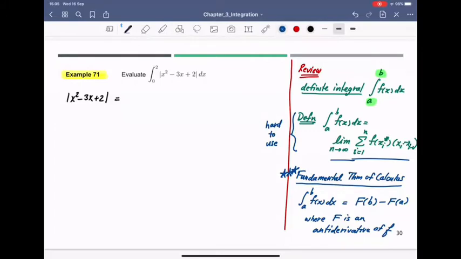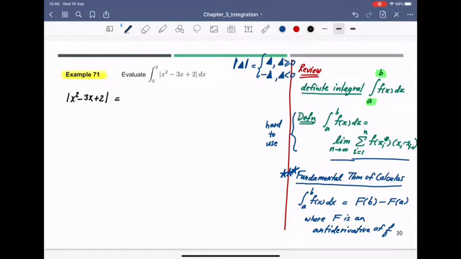The idea is the same. We need to consider the thing inside the absolute value. If the thing inside the absolute value is positive, it stays as the positive thing. If the thing inside the absolute value is negative, then it becomes the negative of that thing. We learned this when we learned the limit of absolute value.